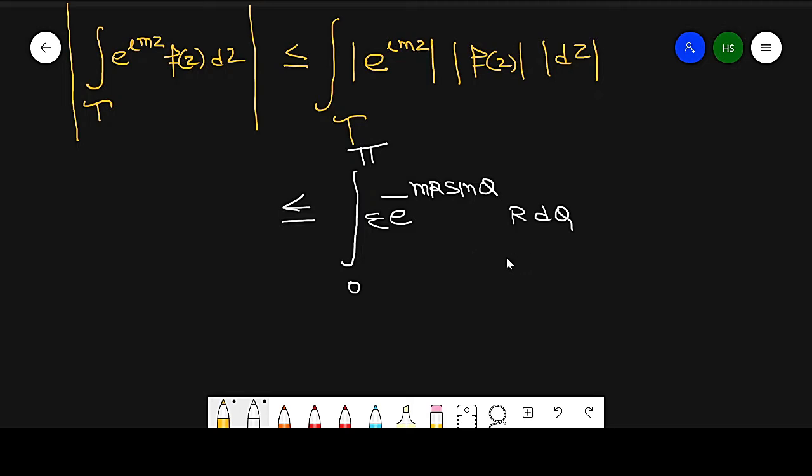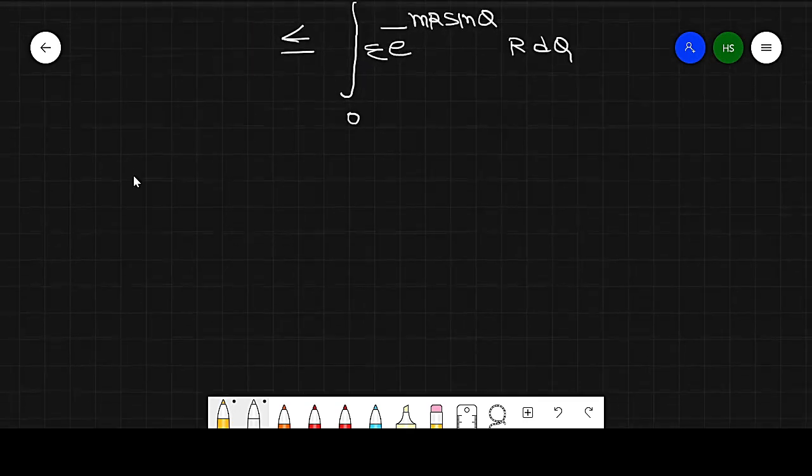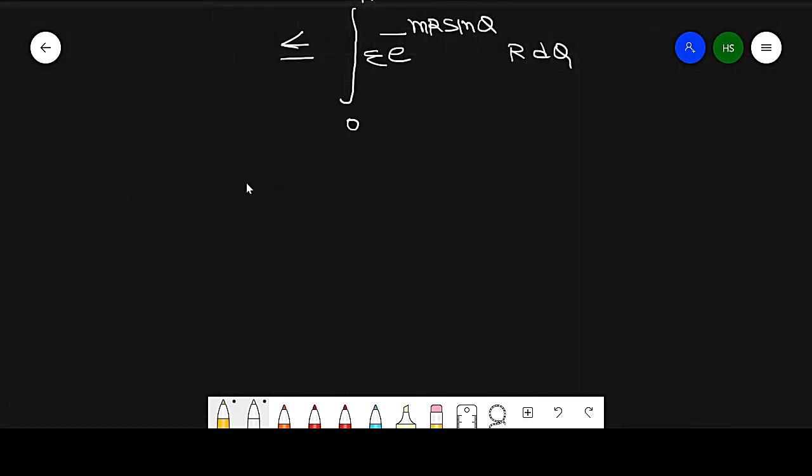So this can be written as less than or equal to the integration from 0 to pi of epsilon into r, this is a constant term, into e raised to power minus mr sine theta into d theta.